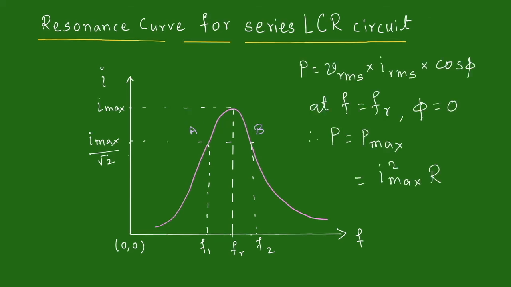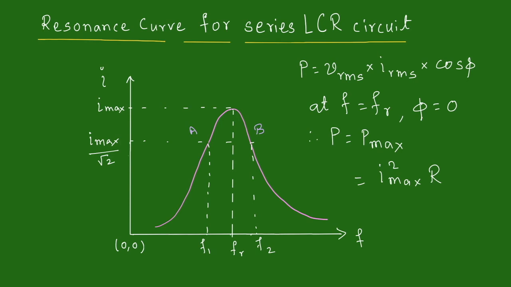Power consumed by the circuit is given as product of RMS value of the applied voltage and RMS current in the circuit, and cos of phi, where phi is the phase difference between the applied voltage and current in the circuit. When the frequency of the applied signal is equal to resonant frequency Fr, we have seen earlier that applied voltage is in phase with the current in the circuit.